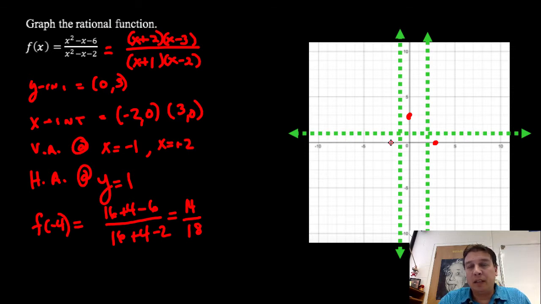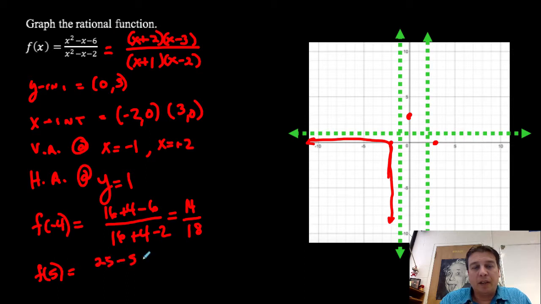So if I continue with my idea that this is going to go this way and then curl down this way, again, this is just a rough sketch. It would do the same thing on this side, and I can test it by choosing another point. So if I take f of 5, let's say, 25 minus 5 minus 6 over 25 minus 5 minus 2.